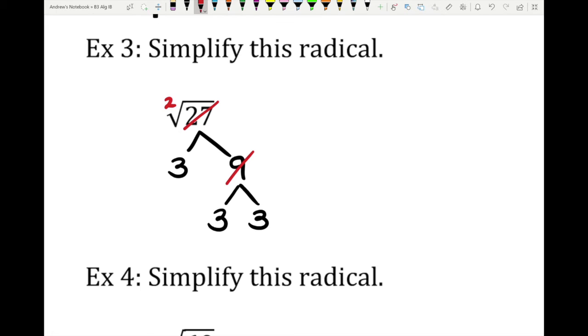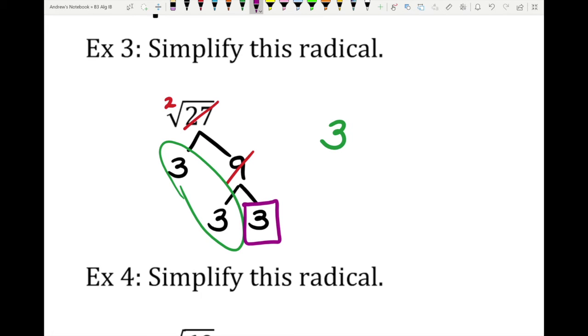So because my index is 2, that means I need to grab groups of the same number, in groups of 2. So what I've got here is this pair of 3's. That is a group of 2 3's. What that means is that I'm going to pull out a 3. The only other thing we have left over is this other 3 that didn't have somebody to pair up with.